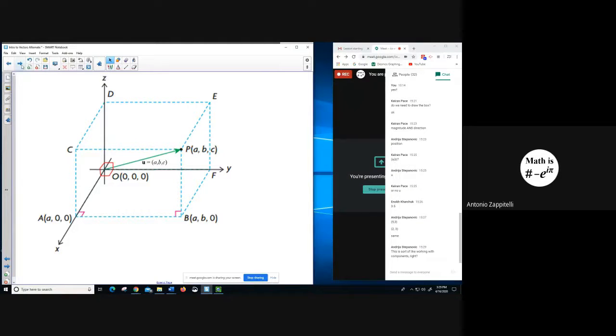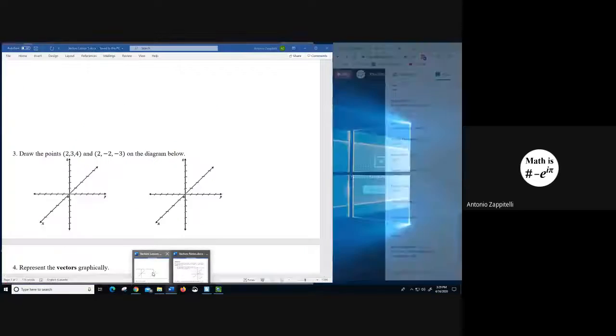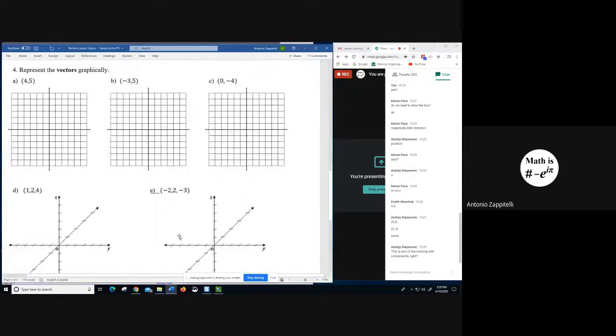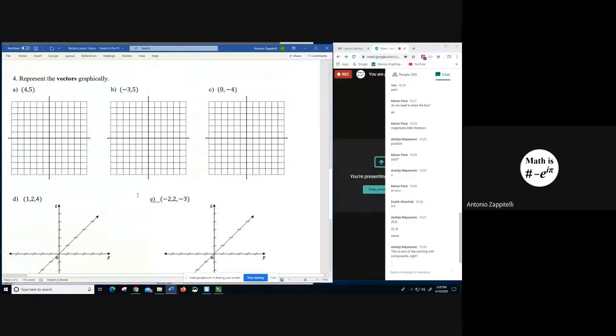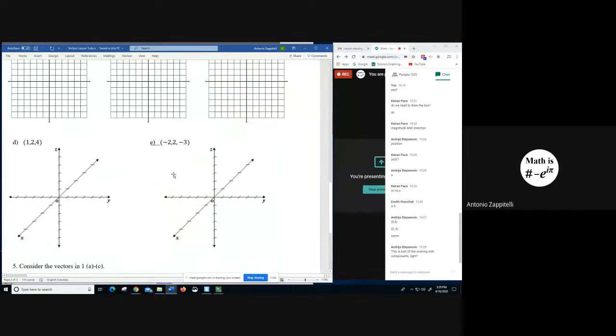So let's take a look at the notes before we move on. Actually, no, let me have you do a couple of examples and then we'll take a look at the notes. So let's go back here. I want you to represent these vectors, here in 2D, here in 3D. You'll be doing something very similar to what we did before.